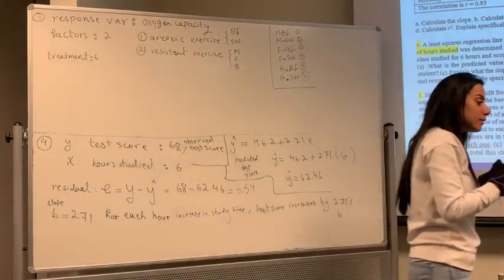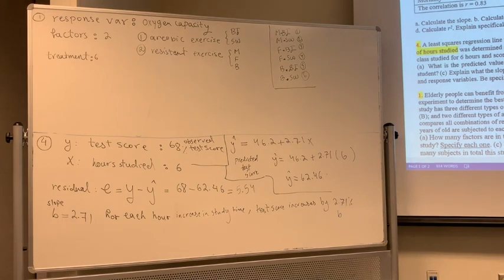So now, the last question is the one I didn't talk about before. It says, how many subjects in total does this study need? 240. How?